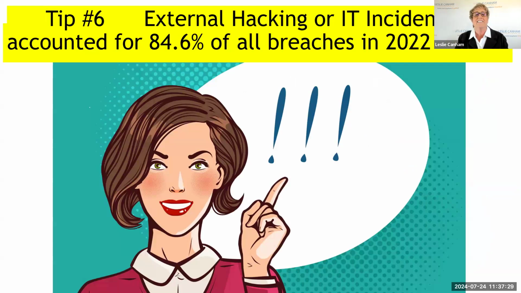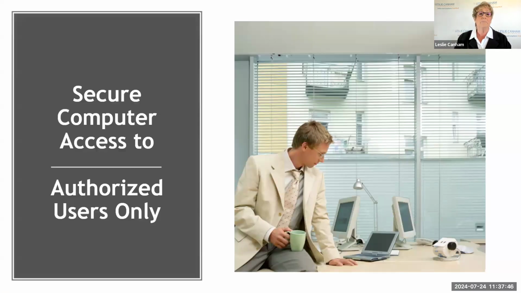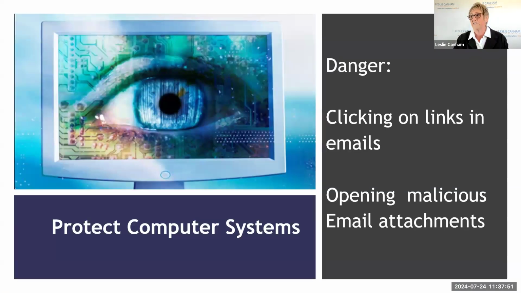External hacking or incidents accounted for 84.6% of all breaches in 2022. And as we know today, we are seeing all sorts of external hacking and incidents accounting for all sorts of malicious activity. So we need to secure our computer access to authorized users only, because there is danger in clicking on links in emails.